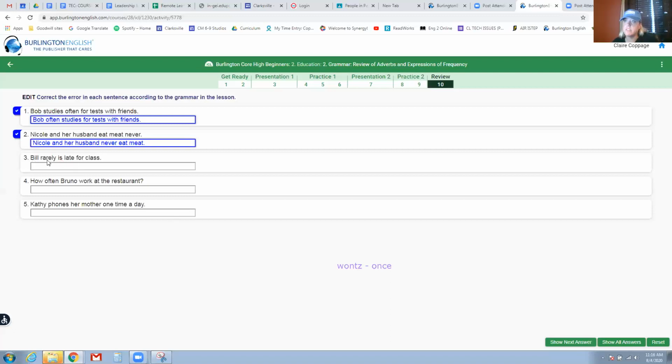But the word rarely, ¿dónde va? So no es antes, es después. Ah, ya. Because it's to be. Es diferente. Ahí sí me agarró. Ya va. Es incorrect porque primero va el verbo. And the verb.